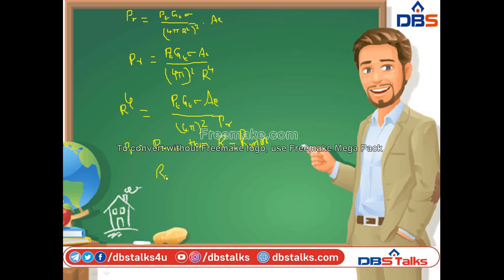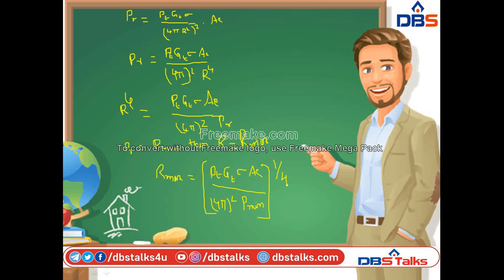R max, maximum range, equals PT GT sigma AE by 4 pi whole square into P min, whole to the power of 1 by 4.